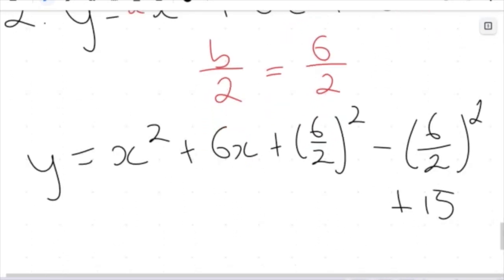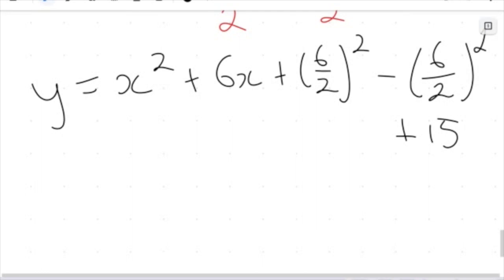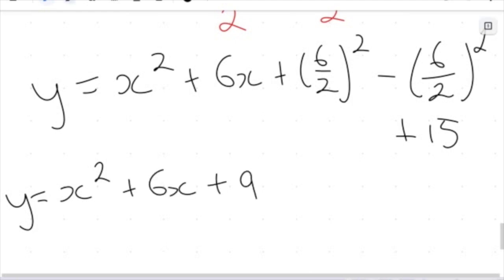at the end here. Okay, so this is going to give me y equals x squared plus 6x plus 9, because 6 over 2 is 3. Squaring that gives me 9, minus 9, plus 15.